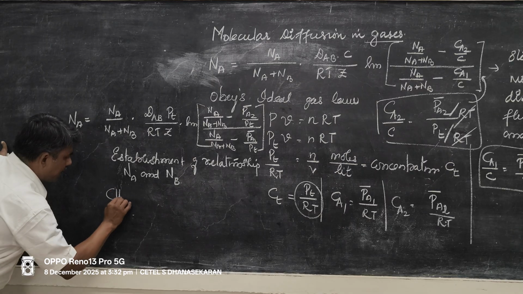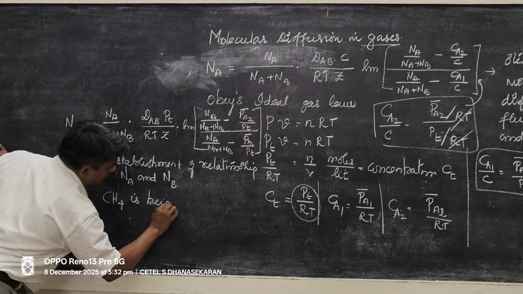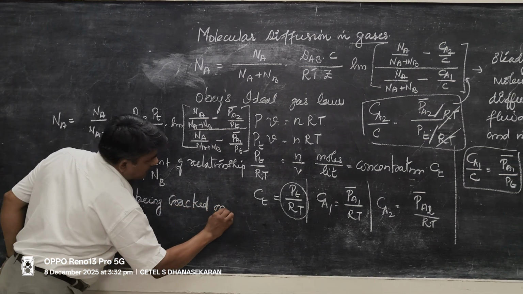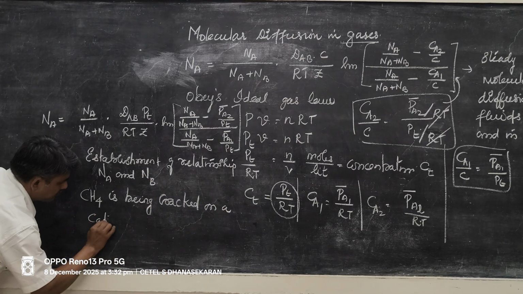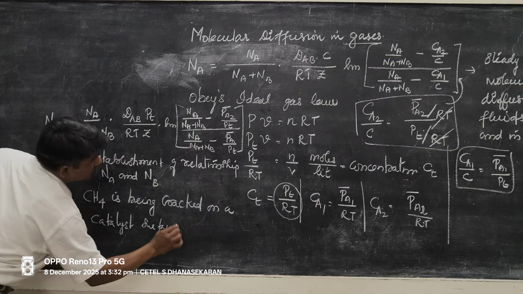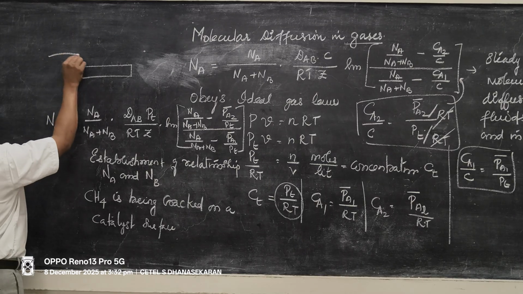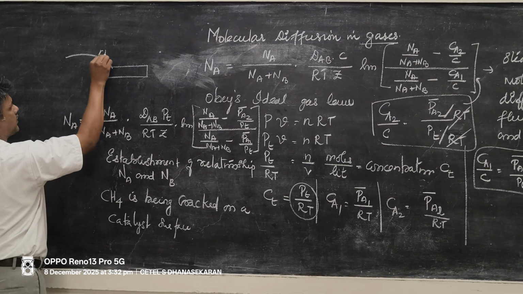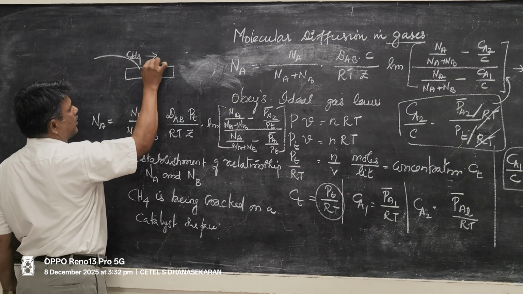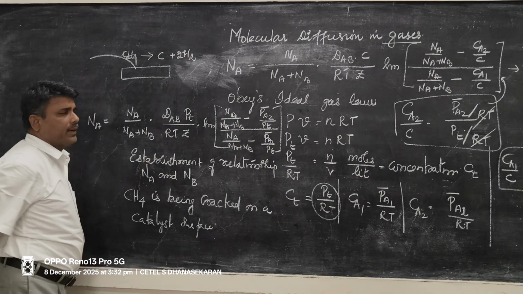Methane is being cracked on a catalyst surface. Assume that this is the catalyst. Methane comes to the top surface, CH4. During this catalytic cracking, methane will produce carbon and hydrogen. As per the stoichiometry, this is 2 moles of hydrogen.